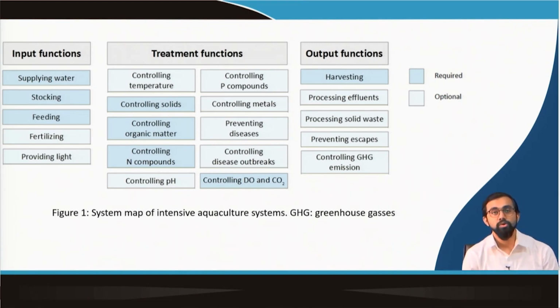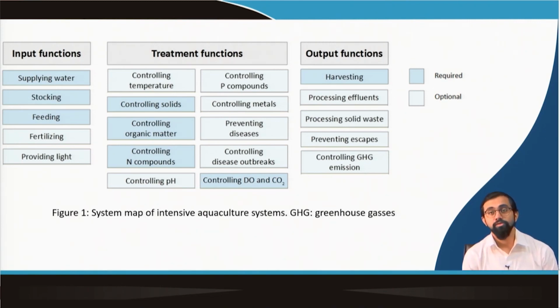Temperature control, phosphorus control, metal control, solids, organic matter, nitrogen, disease control, pH control, dissolved oxygen and carbon dioxide. If you see, the dark ones are a must, and the light-colored ones are optional but are involved if you want a high yield from your system. The output function is, obviously, the harvesting of the system.